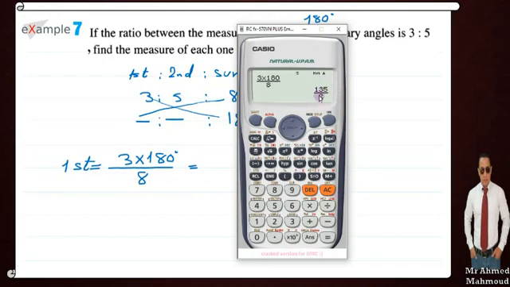It gives me this fraction or a decimal, whatever. So I need to change this one into degree minute second. I will press this button, degree minute second, like this. Then the answer equals 67 degrees 30 minutes 0 seconds.